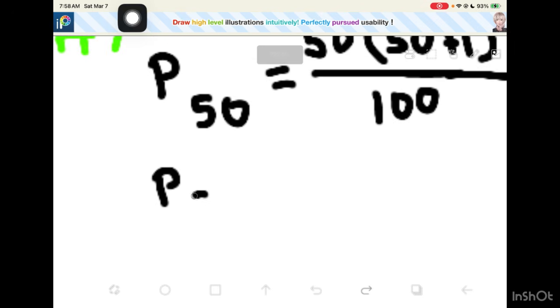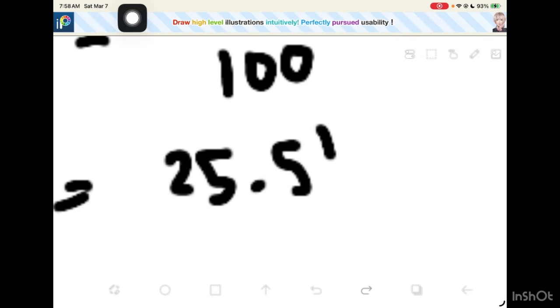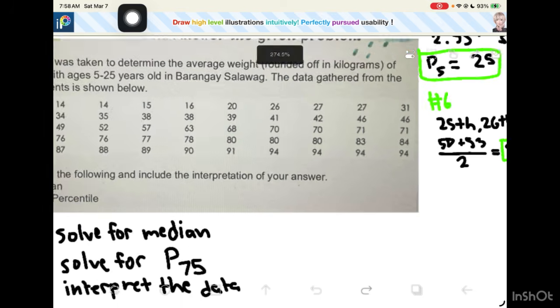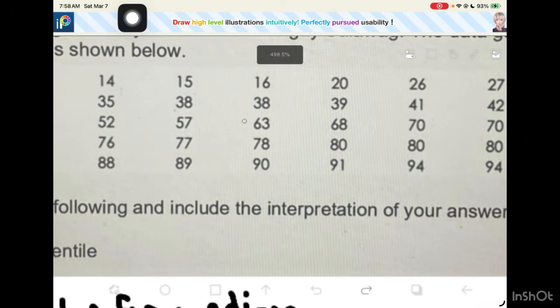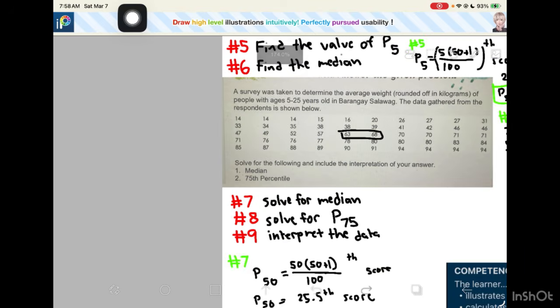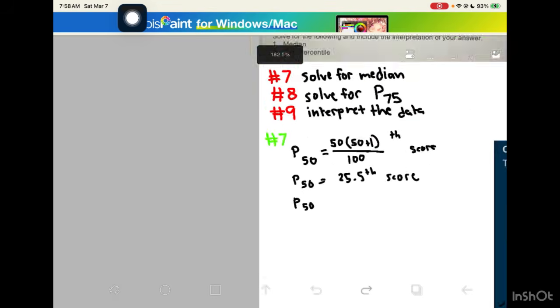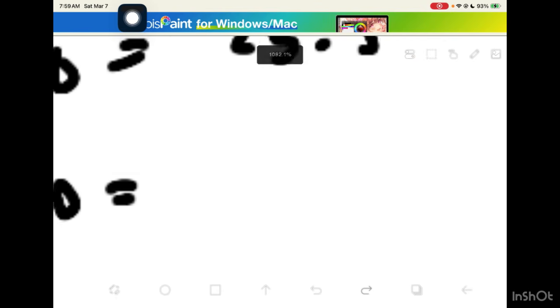So just like I calculated in number 6, 25.5th score, which means we need to find the average between the 25th and 26th score, which is 63 and 68. So that's the average of 63 and 68, which is 65.5.